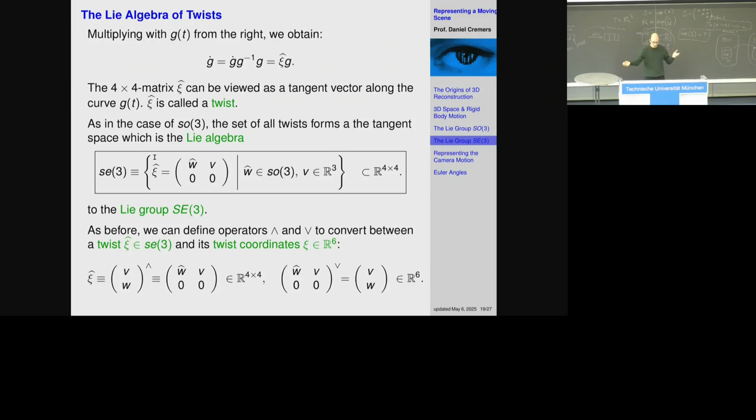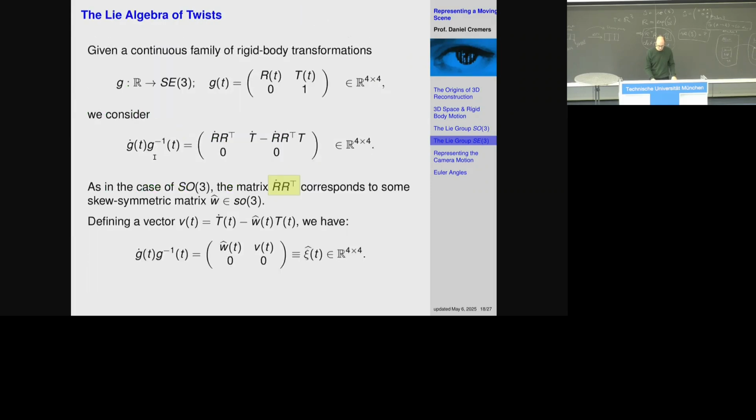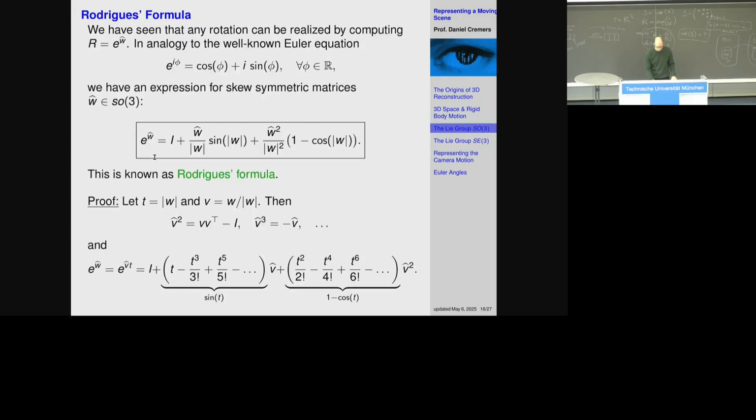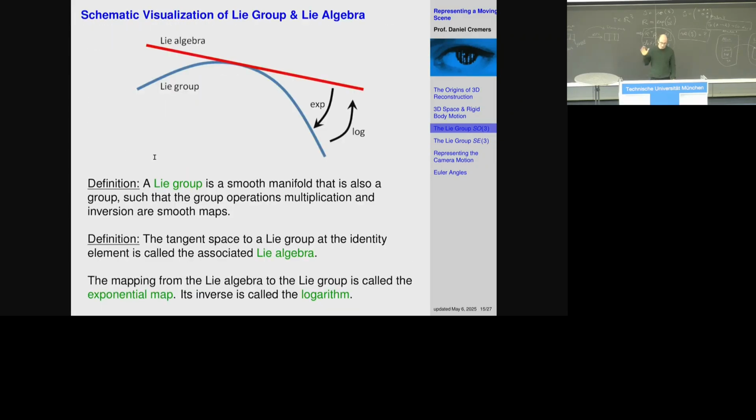We have the Lie group, some curved space, in this case a 6-dimensional space, right? So again, these visualizations that I do here are very abstract, right? On the paper it looks like everything is one-dimensional. Obviously it's not. So the blue space in the case of SE3 is 6-dimensional, and the tangent space is also 6-dimensional.